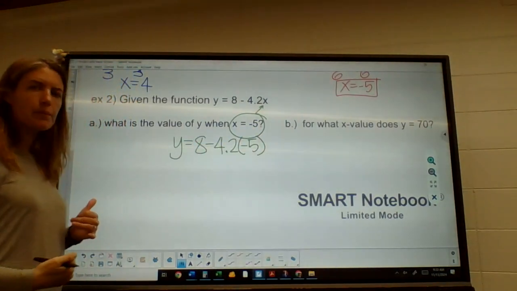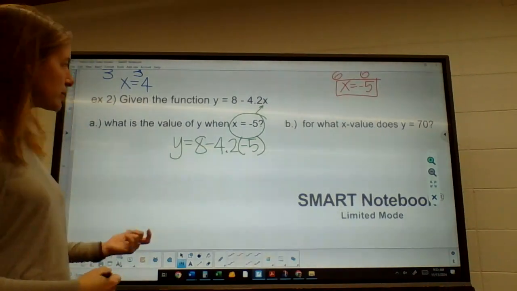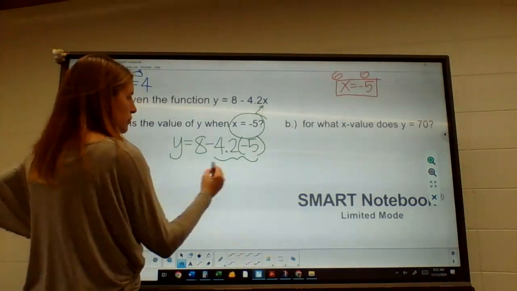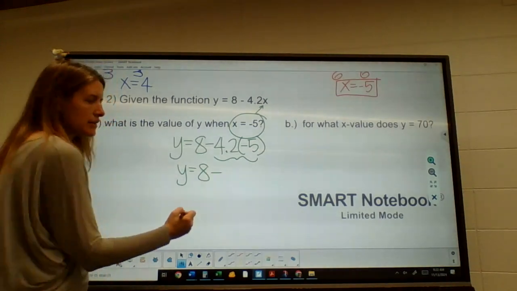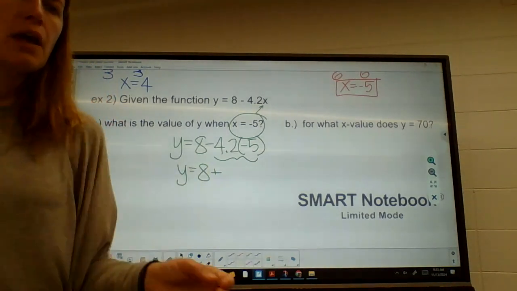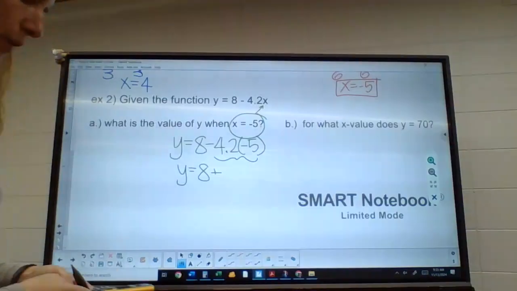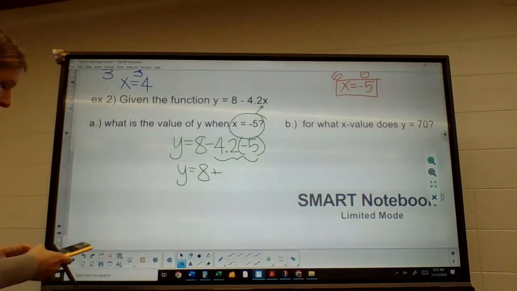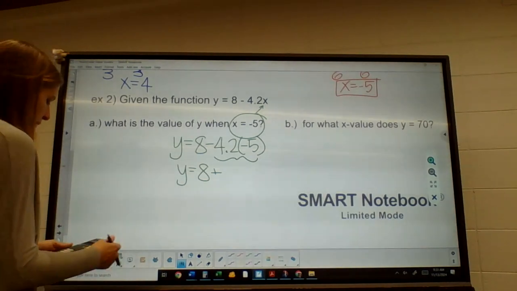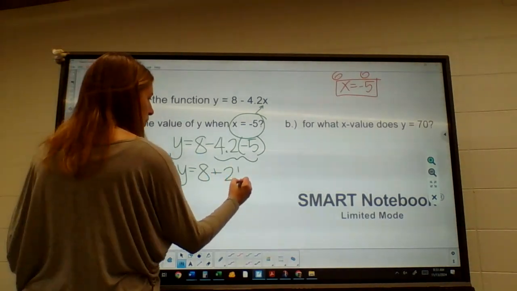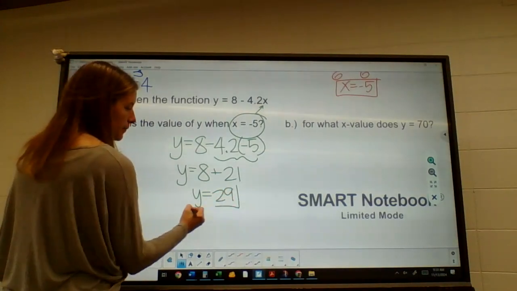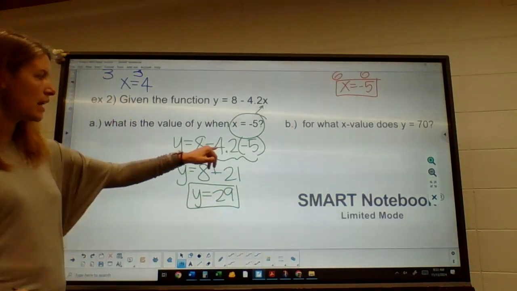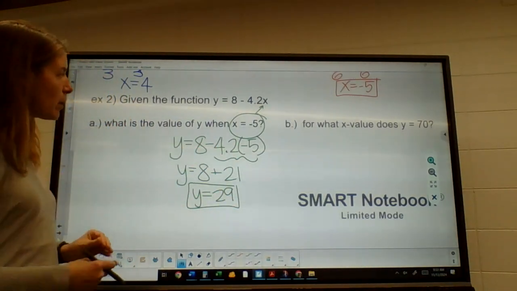Now remember, order of operations, we multiply before we add or subtract. So we're going to do those two first. Negative negatives become a positive. And then we're going to multiply 4.2 by 5. And we get 21. And you can just enter that whole thing into your calculator if you wanted to.